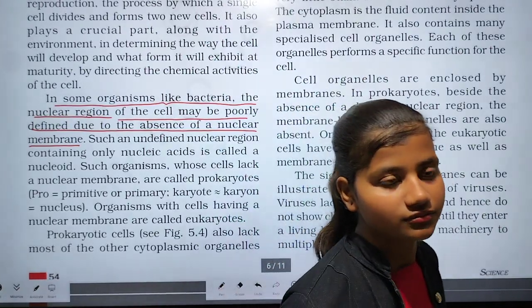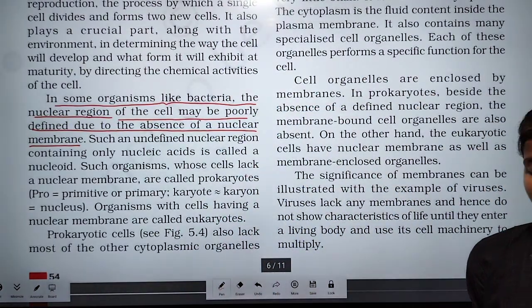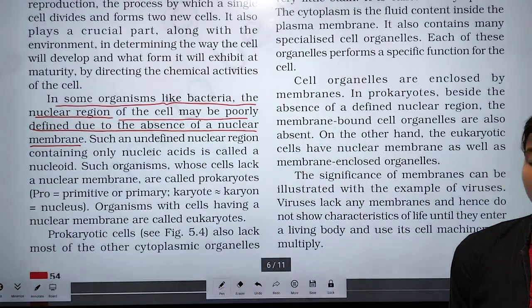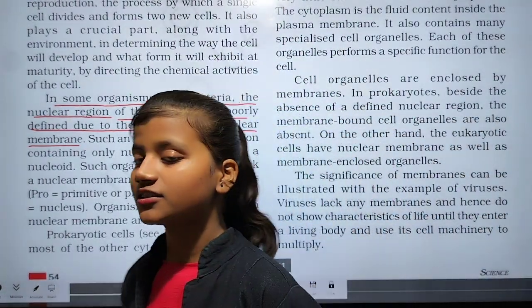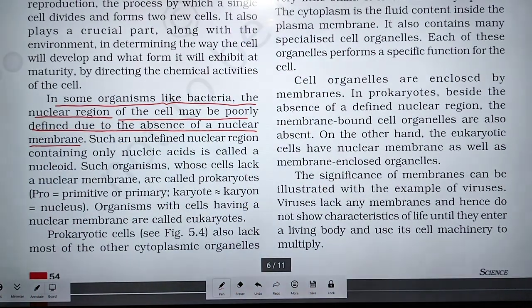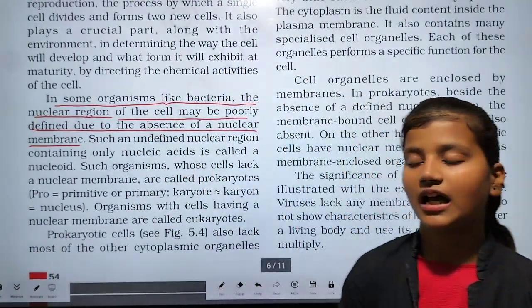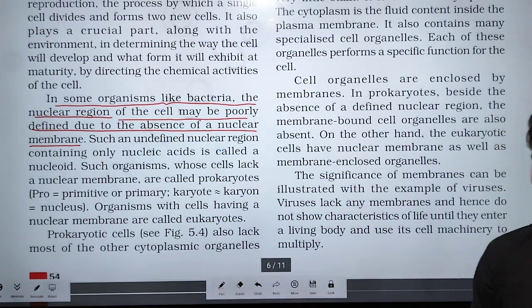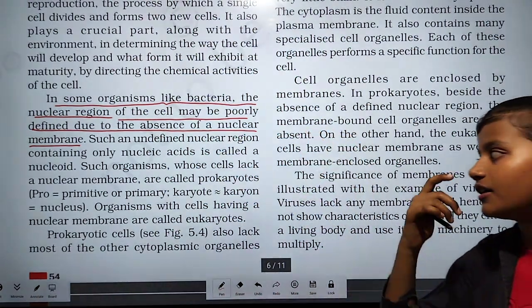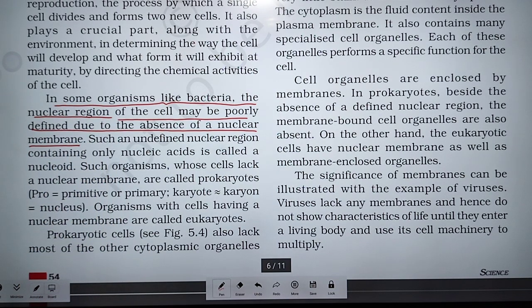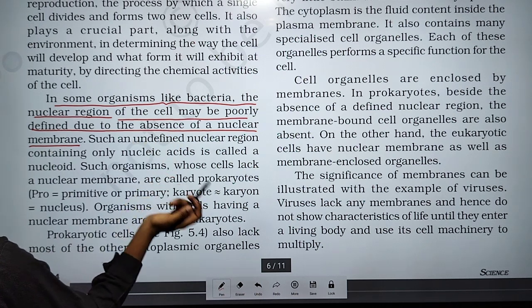We know that in bacteria the nuclear membrane is absent. The nucleus is not present in a prokaryotic cell, and bacteria are prokaryotic cells. That's why the nucleus is absent in bacteria.